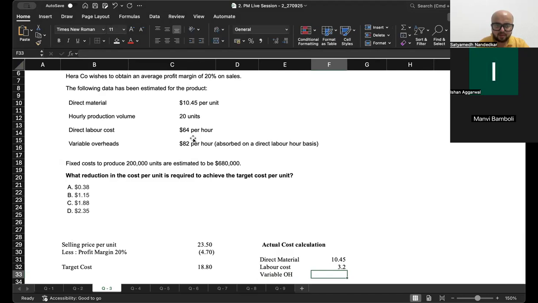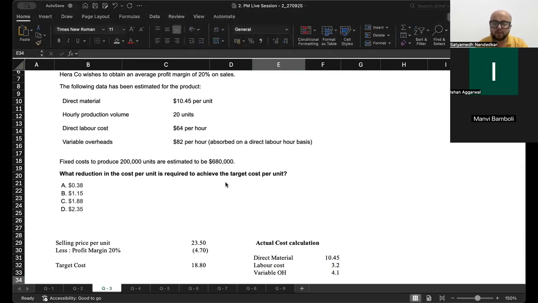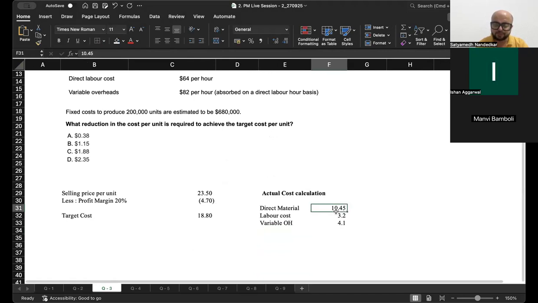Variable overheads 82, absorbed on a direct labor hour basis. Same, in 1 hour you can make 20 units, so cost per unit will be 82 upon 20, that is 4.1.